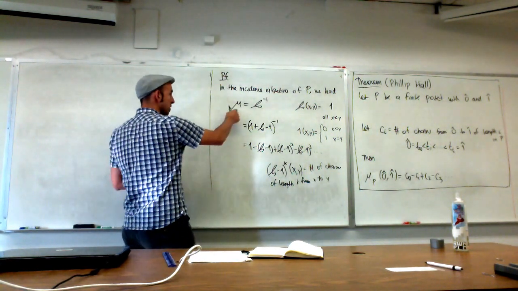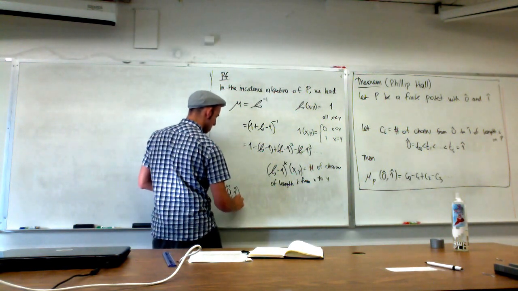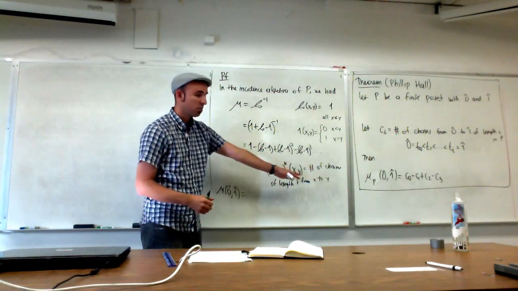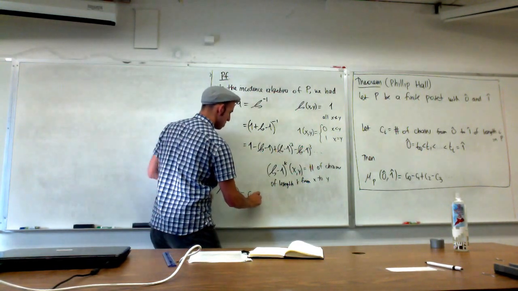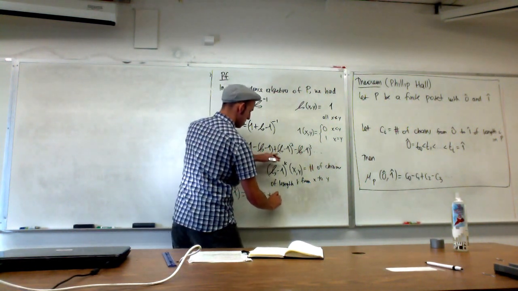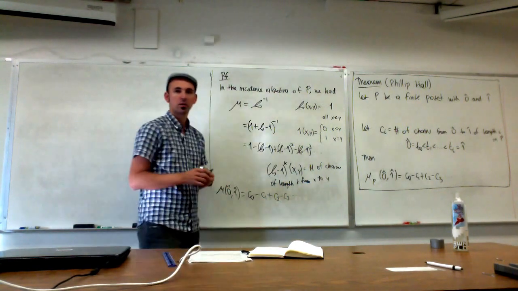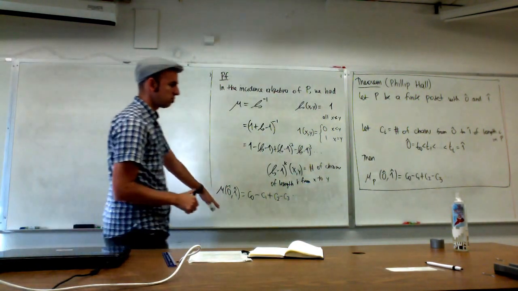And that's all there is to it, because now if I apply mu of 0, 1, then (zeta minus 1) to the k is the number of k chains. And so this is going to be C0, this is going to be C1, this is C2, etc. So you see this.